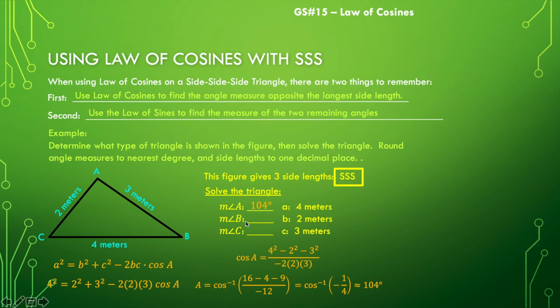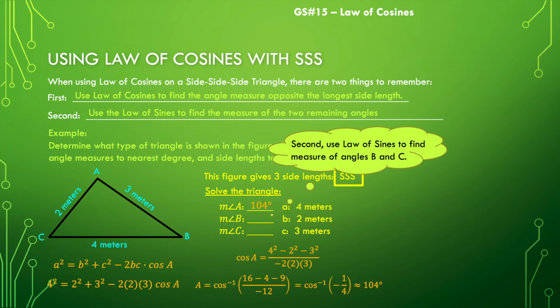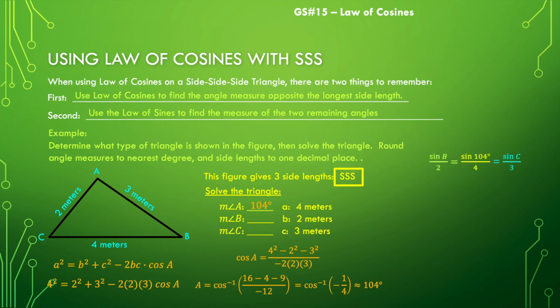Now again, we have a pair of a side and an opposite angle for which we have the information. So now we can go ahead and use the law of sines to finish this triangle. Let's set up our proportion. The pair that I have, I'm putting in the middle: sine of 104 degrees over 4. That's going to equal the sine of angle B over 2, and it will also equal the sine of C over 3.